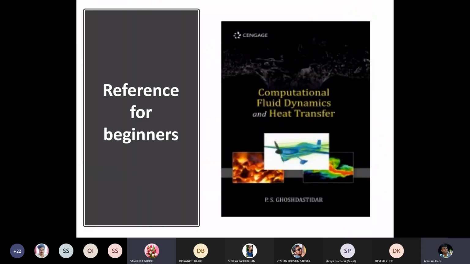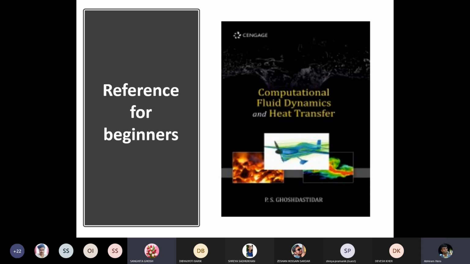You can go to this book, the snapshot of which I am showing you: Computational Fluid Dynamics and Heat Transfer. This is a very good book for beginners, although it has only covered the finite difference method, not the finite volume part, but basic concepts you can get very clearly from this book.